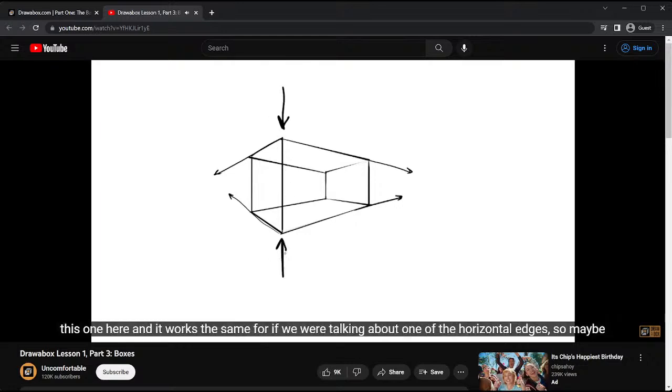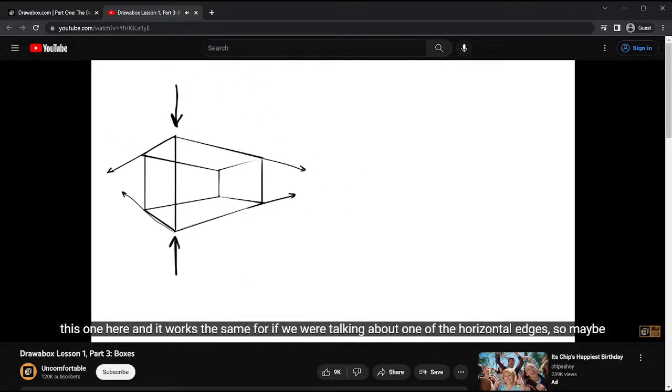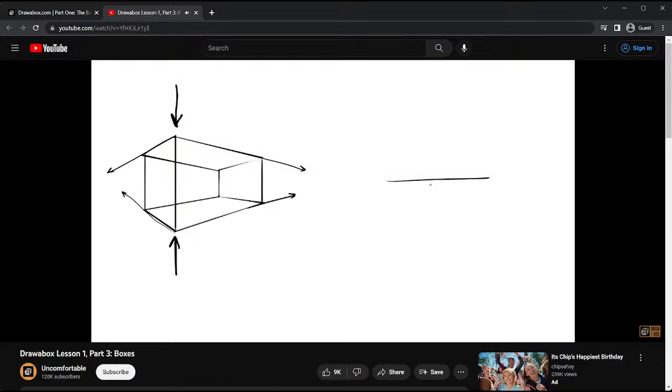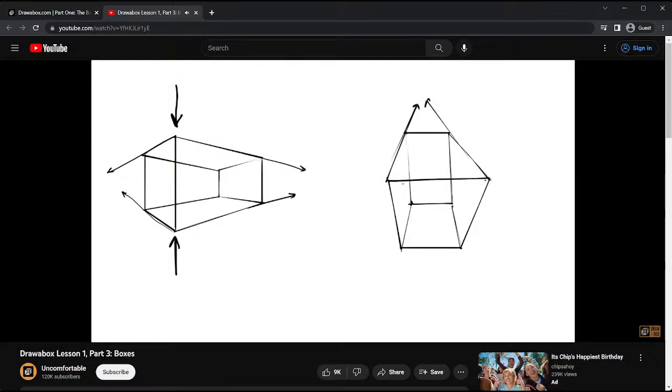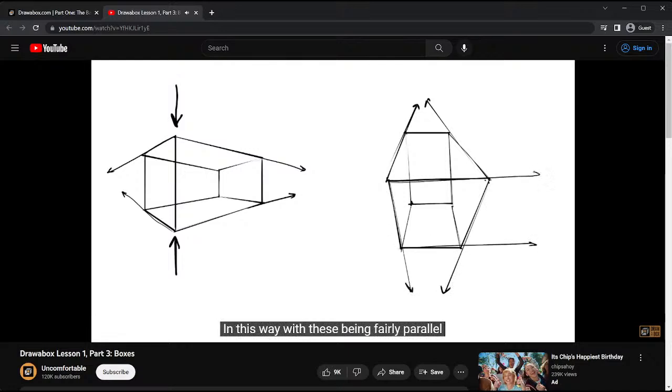And it works the same if we were talking about one of the horizontal edges. So maybe we're talking about this, it's the same thing. So here we're looking at this edge, so we have a lot of convergence coming this way. And this way, with these being fairly parallel.